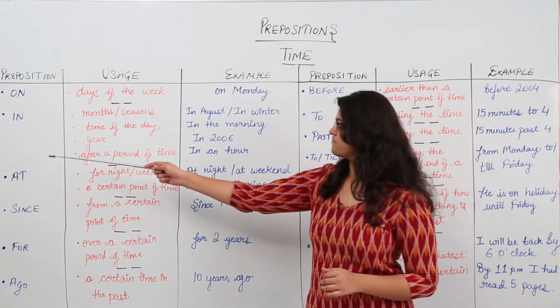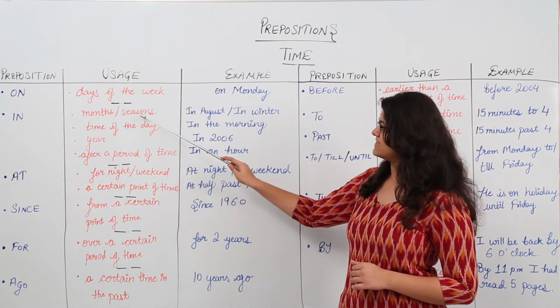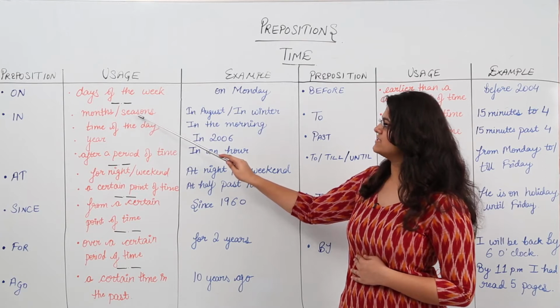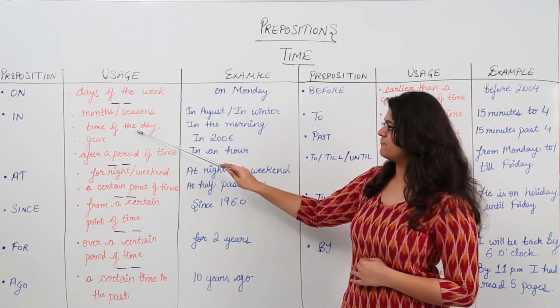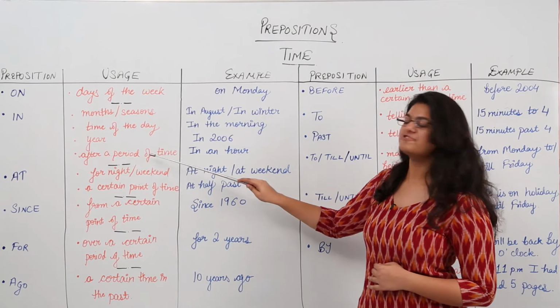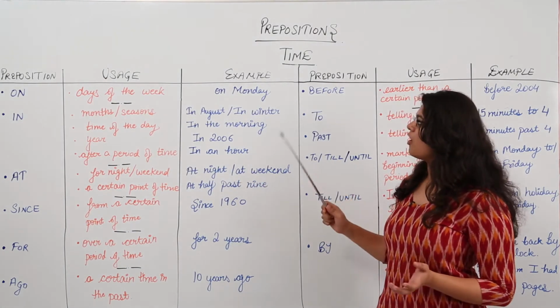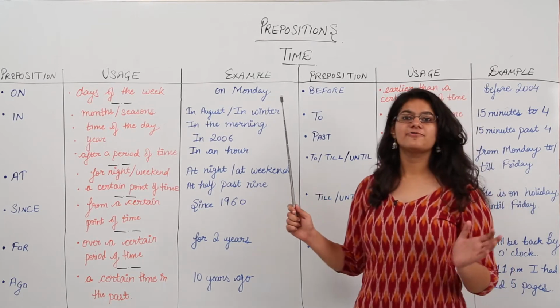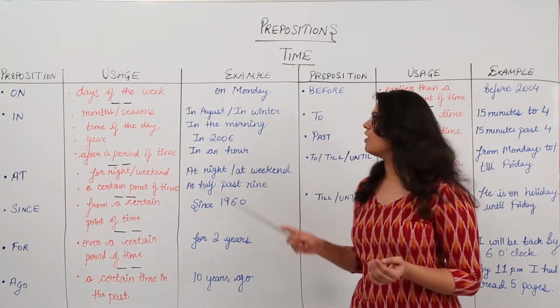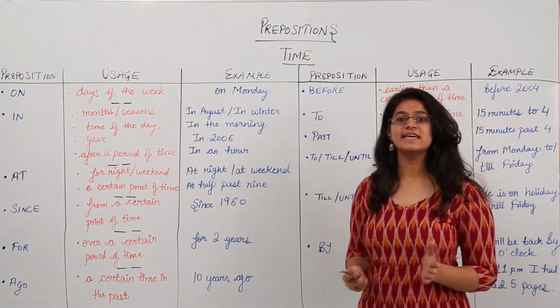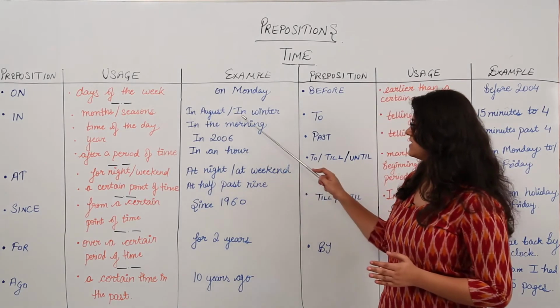Next is in. In is used in places where we want to refer to months or seasons, time of the day, year, or after a period of time. Examples, in August it would be autumn, or in winter I would go skiing. So here we use in.